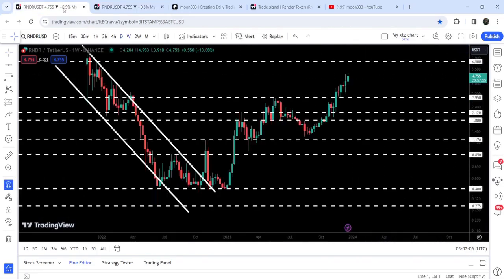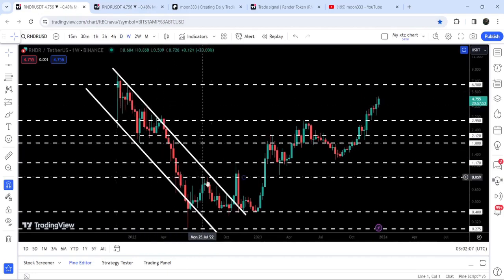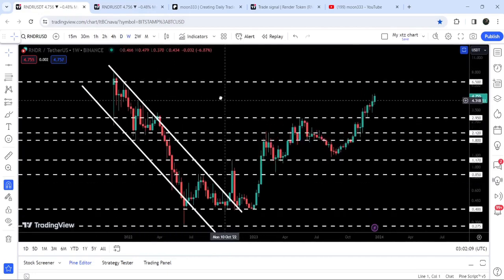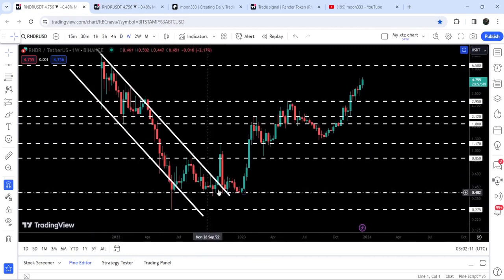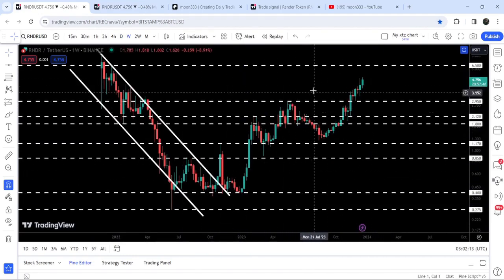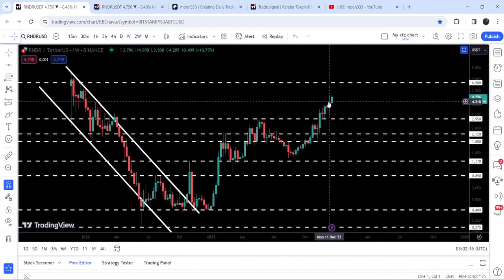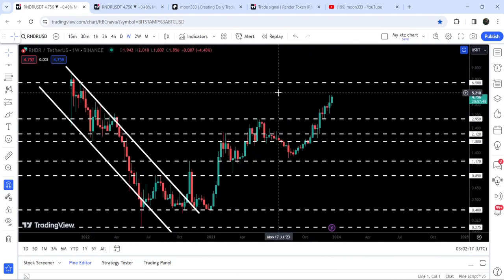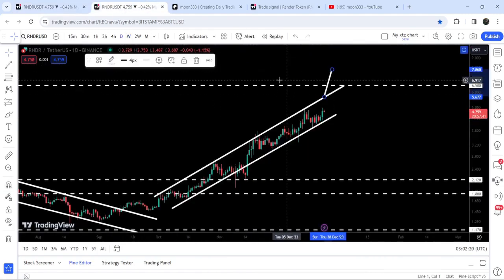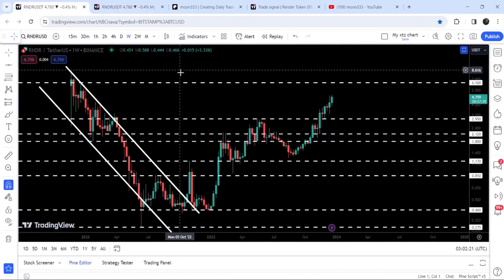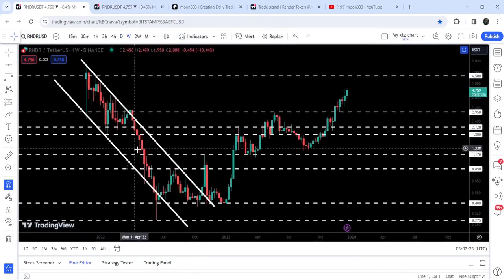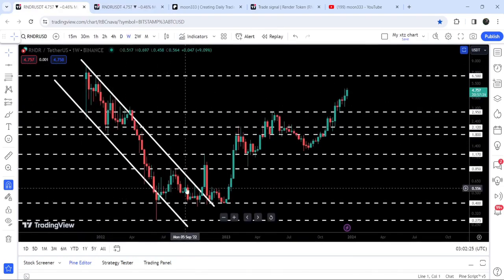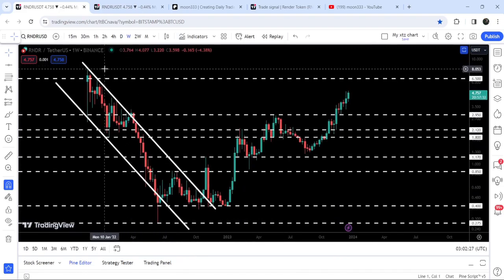If we take a look at the 7 days time frame chart, then this is the channel that I've been showing you for the past several months. And you can see that after the breakout, it has rallied very well. And now it is moving aggressively towards this next resistance of $6.50 that I was showing you here on this daily time frame chart as well. And the target, by the way, for this huge channel's breakout is here at the top of the channel.